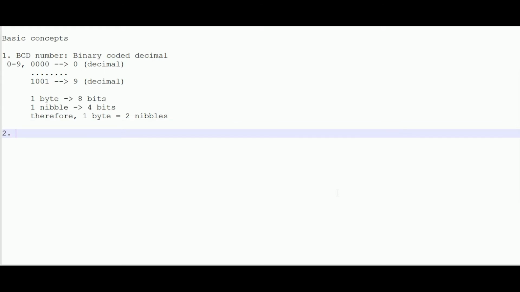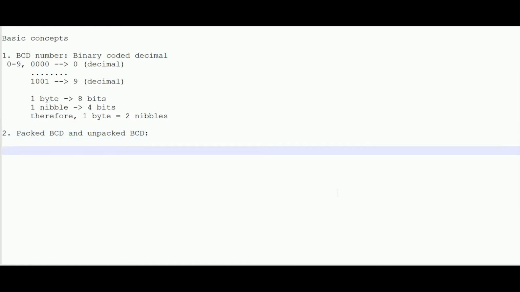difference between a packed BCD and unpacked BCD. When one decimal digit is stored using 4 bits or 1 nibble, it is called packed BCD.